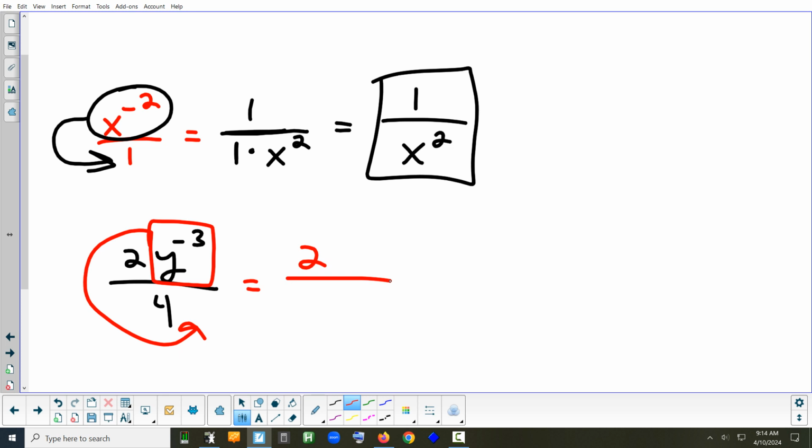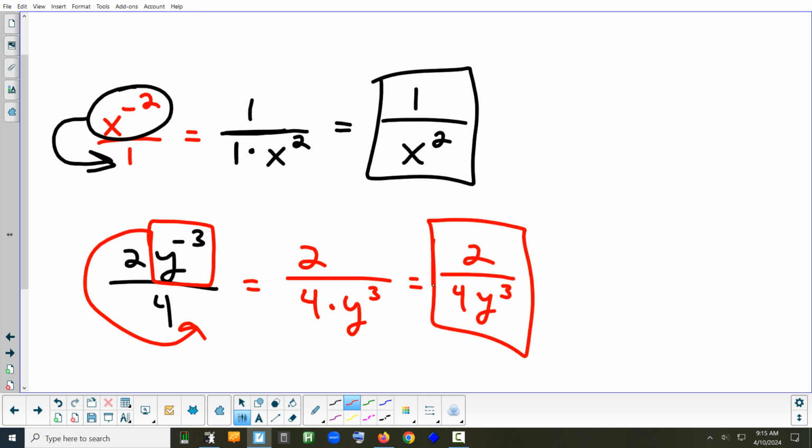So what was in the bottom to start? We had a 4 times. And now when this moves to the bottom, what is it going to turn into? Y to the power of 3. So it's 2 over 4y cubed. Yeah, that's okay. That's the idea for that one.